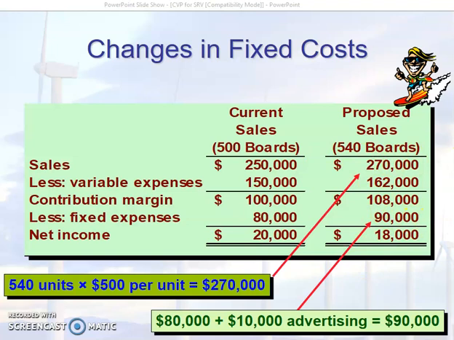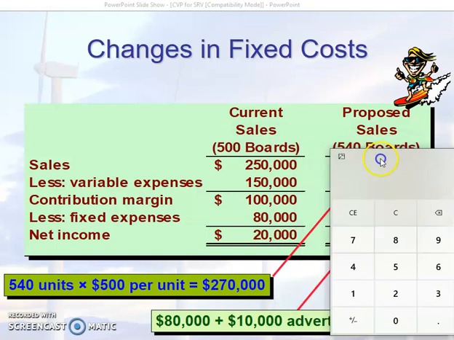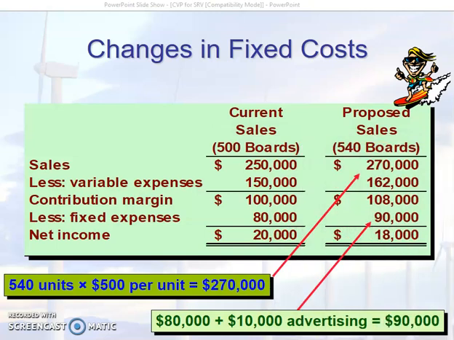If we were to take 40, which is the number of increase in boards, and divide that by our original sales, that's 8%. We've increased our sales by 8% in terms of units. Those 40 boards are surfboards that our competitors are never going to sell because we sold them.